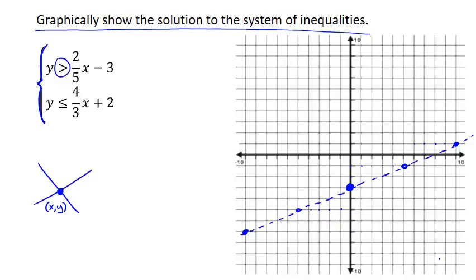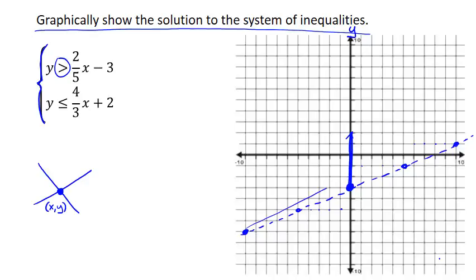Here's how I approach it from this point. Y is greater than. If I look and I see that the y-axis is the vertical axis, so I know that y is up and down, and it says y is greater than. Greater than on the y-axis implies up. So greater than is anything. I always like to look at the y-intercept that I had, and I go up on the y-axis.